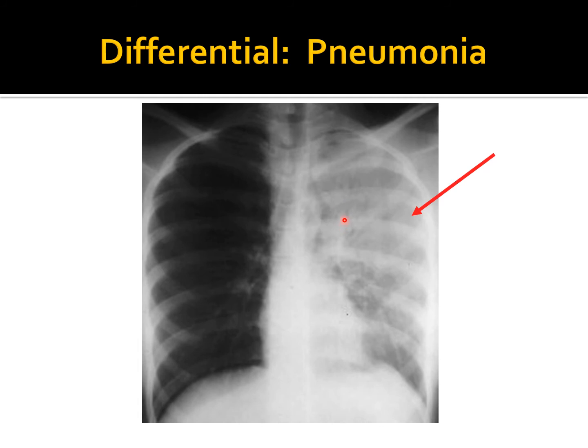So you can see a normal air bronchogram, which means air in the normal bronchus. This is very good to see because an air bronchogram will tell you that most probably what you have in this patient is an inflammatory process and not a malignancy. Because in malignancy, usually the bronchioles are destroyed by the malignancy, so you will not have an air bronchogram.